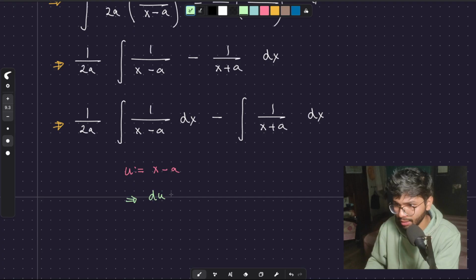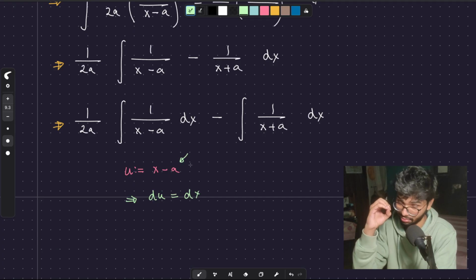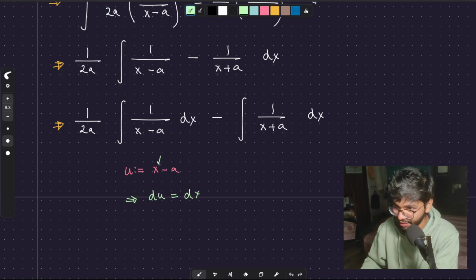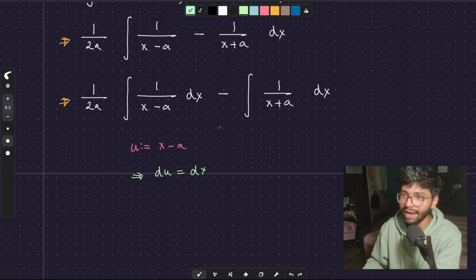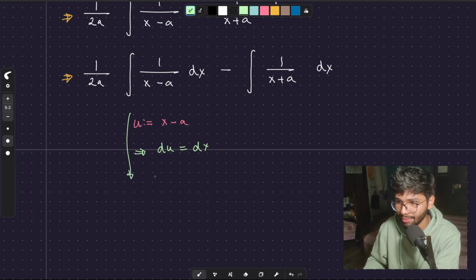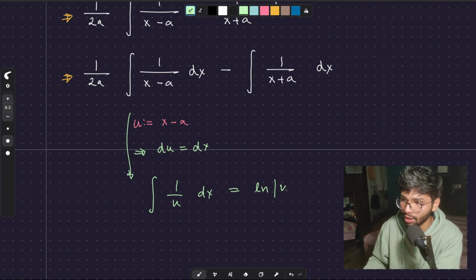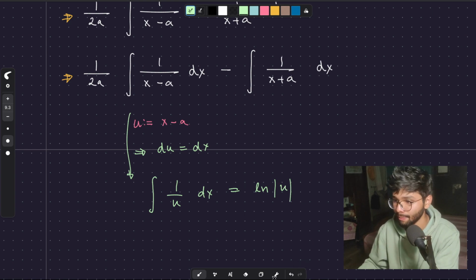Then du becomes dx, because a is a constant; if you take its derivative, it's 0, and the derivative of x is 1. So du equals dx, and this becomes the integral of 1 over u du, which equals the natural log of the absolute value of u.